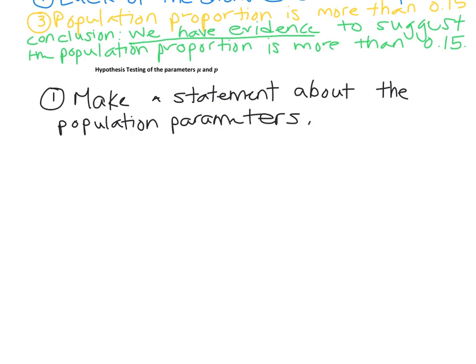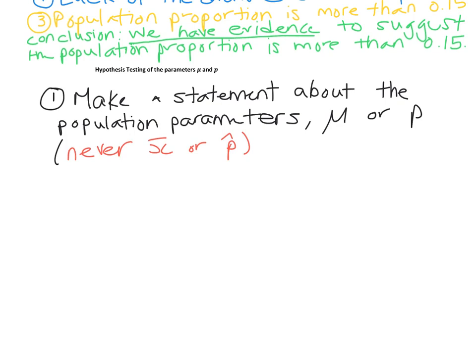And again, we just use mu or p. In our hypothesis statement, and I'll write this in red because I'll take points off, we never make hypothesis statements about x bar or p hat, because that information is already given to us. We can find x bar and p hat all day long, but the inferential statistics is about mu and p, it's about the population.